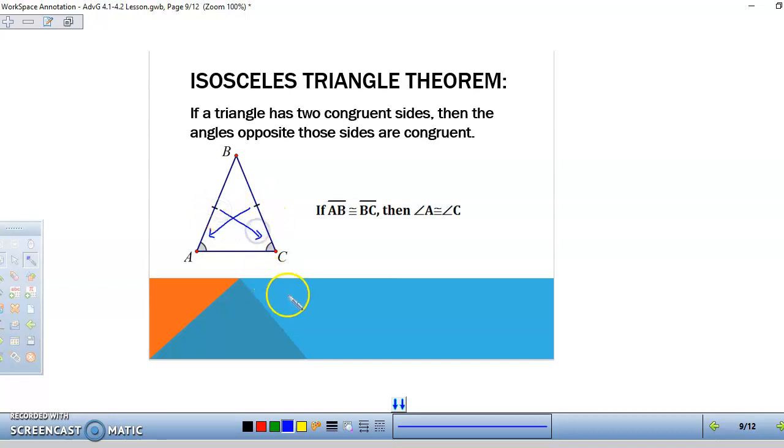This is the opposite angle. So if 2 sides are congruent in a triangle, then the opposite angles are congruent. Notice that this doesn't anywhere actually state isosceles, which is strange. It just says if you have 2 congruent sides, then the opposite angles are congruent.